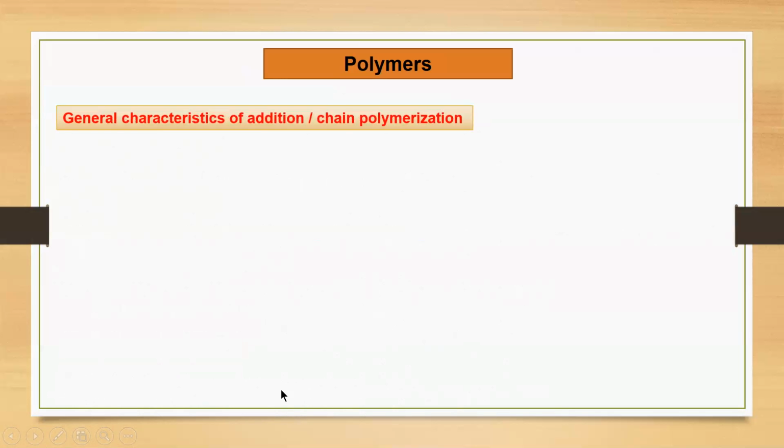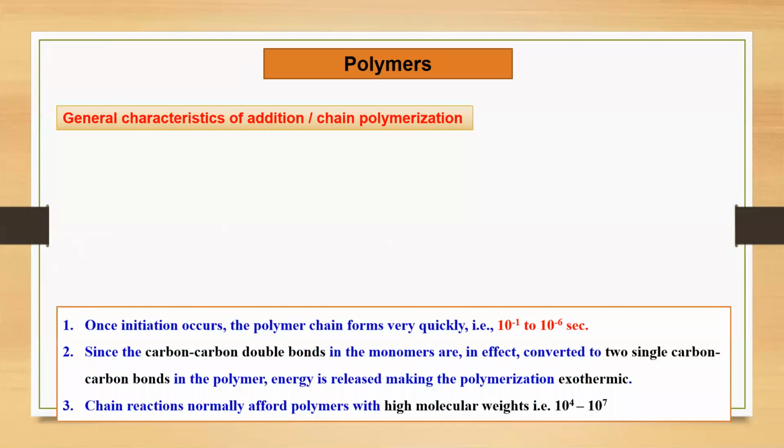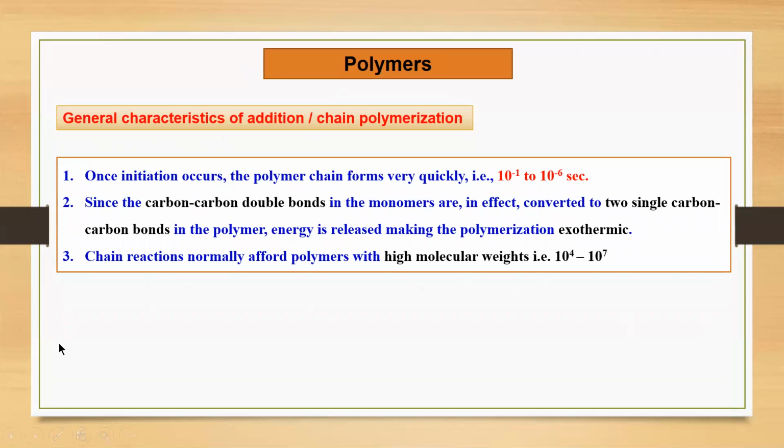Now, there are certain important characteristics of addition or chain polymerization. Once initiation occurs, the process is so fast that the polymer chain is formed very quickly, in very little time.